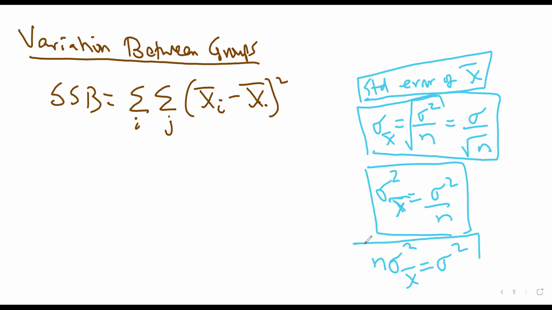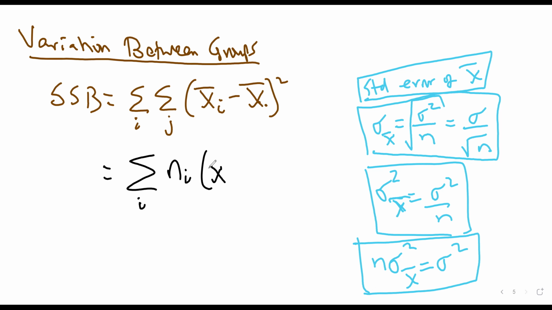From that kind of argument, we can also rewrite this as equal to the summation over the i's of n_i times x bar i minus x bar dot, squared. You can also write it in that format, using the same analogy we have here.